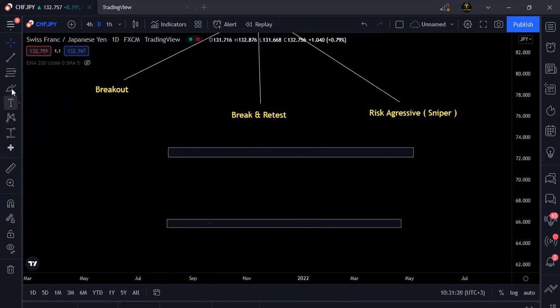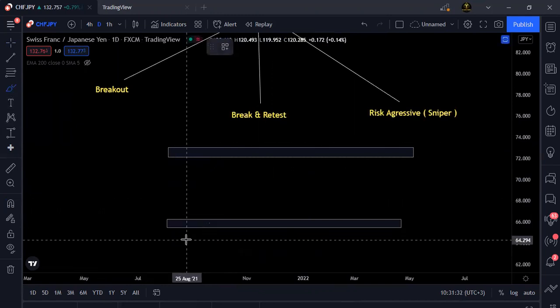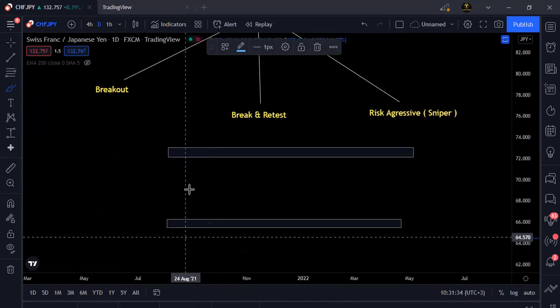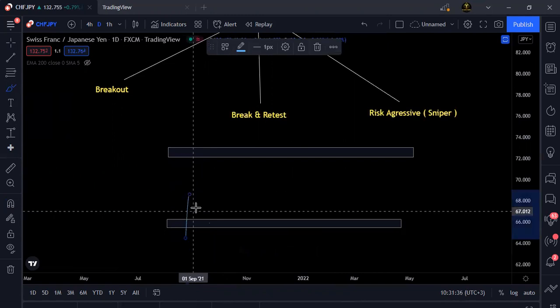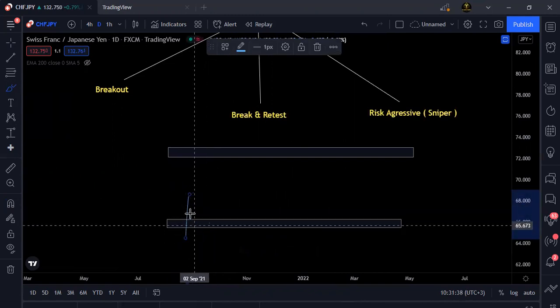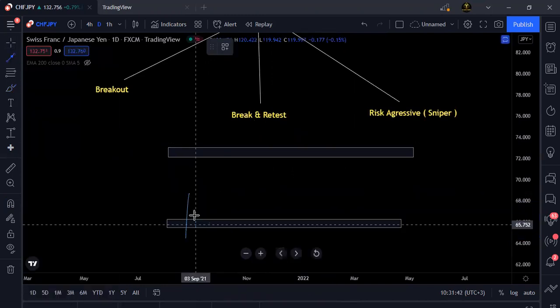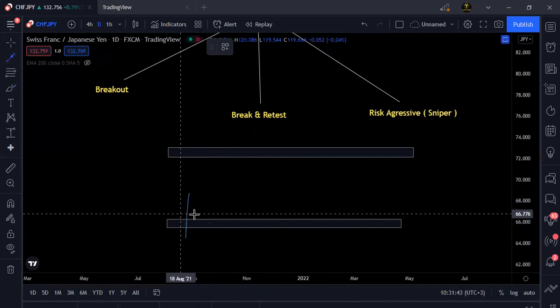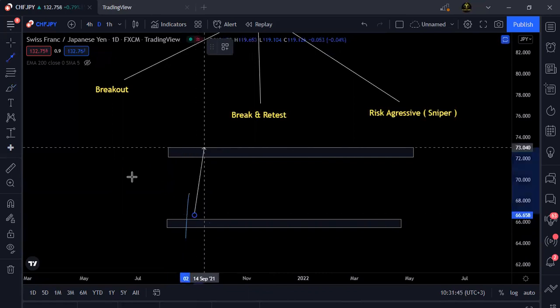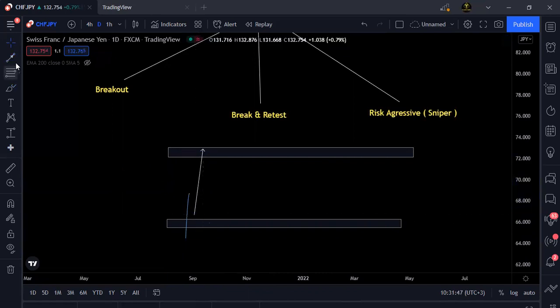Okay, so now for a breakout, it means that prices will just push, right? Once they break above this market structure, what you'll be looking for is the close of a candle to actually push you to the next market structure, right?